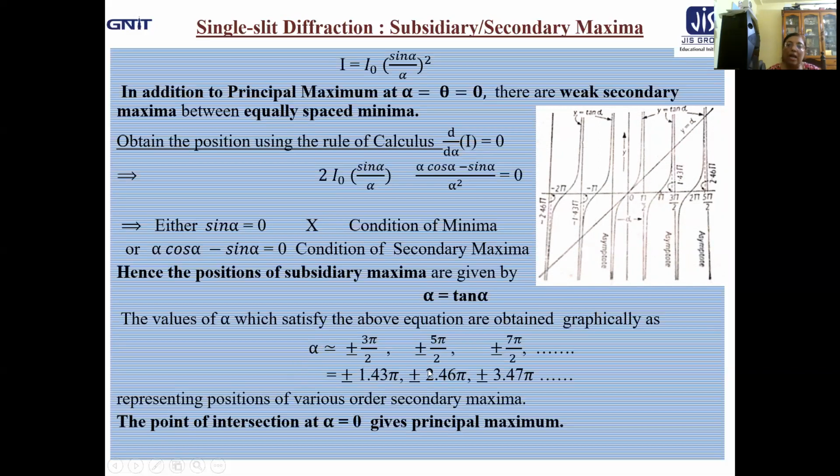So the values of alpha which satisfy this equation are obtained graphically as alpha nearly equal to 3 pi by 2, 5 pi by 2, 7 pi by 2, exactly 1.43 pi, 2.46 pi, 3.47 pi, and so on. That means the values of alpha approaching these values give you the positions of the first secondary maximum, second secondary maximum, and third secondary maximum on both sides of the central line, because of the infinite behavior of the tan function.